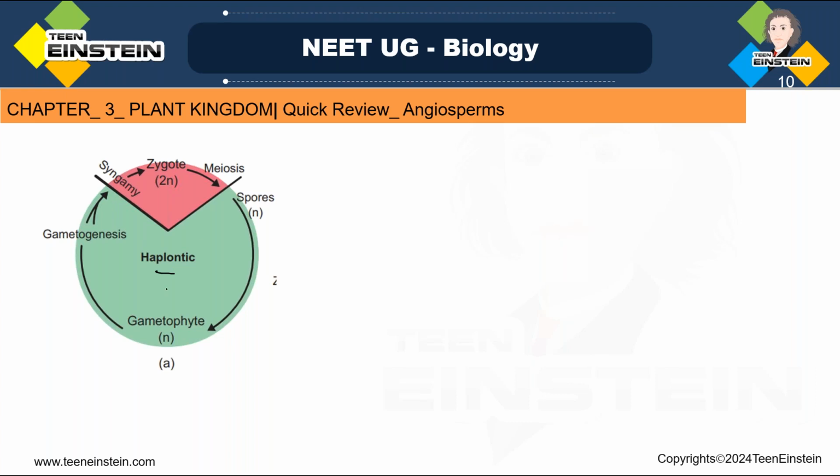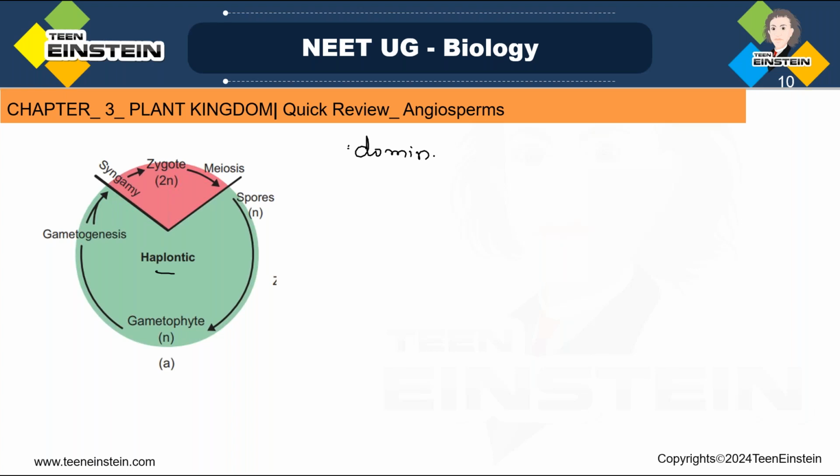See, in haplontic life cycle, dominant phase is a free living photosynthetic haploid gametophyte. Okay, the main stage, dominant phase, we can say.